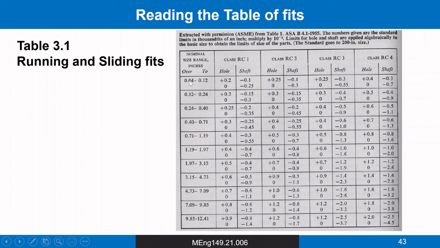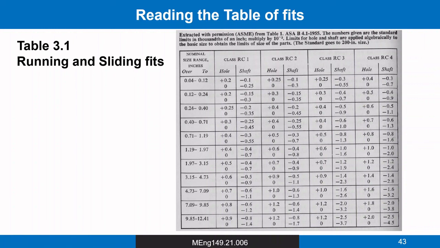Okay, so in reading this, kaning mga figures diri sa second column pataas is imo na siya i-multiply og 10 raised to the power of negative 3. Kay mao na siya ang mga tolerances nga i-apply nimo sa kaning mga dimensions or nominal size sa imong shaft or sa hole.